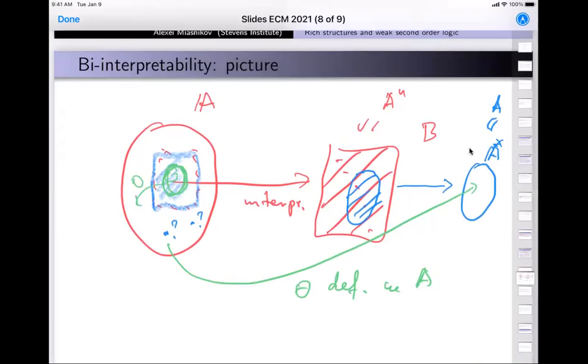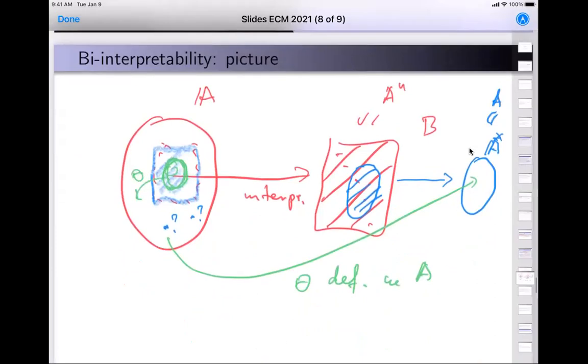So imagine now you have a little subset like that here, which is interpretable in B, not interpretable in A, but it's interpretable in B. So it's interpretable over here somewhere. But then, because there is a definable isomorphism, its image is interpretable in A. And that's the whole point.